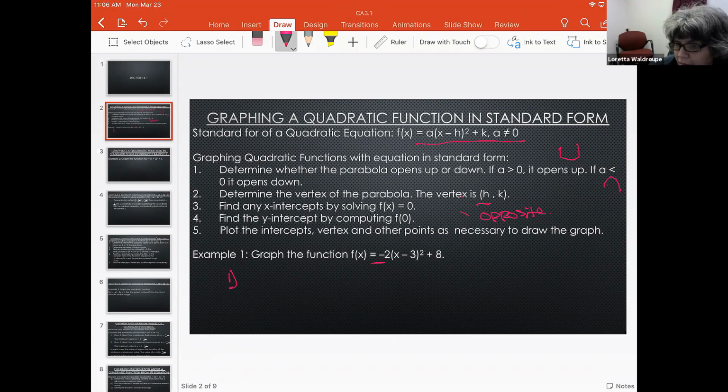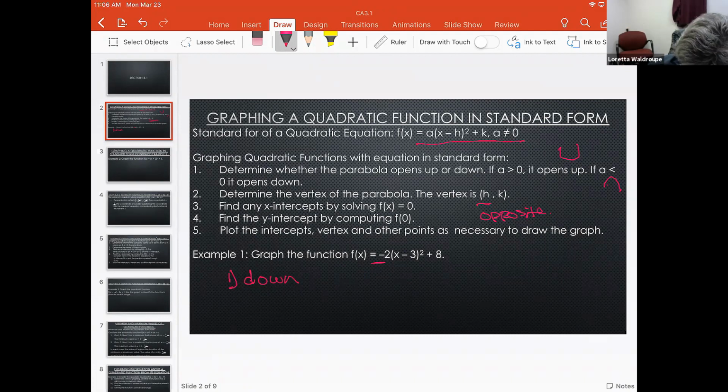What is a? a is what number there? -2, right? So since that is less than 0, I know this graph is going to open down because the number in front of the parentheses is a negative. You with me?